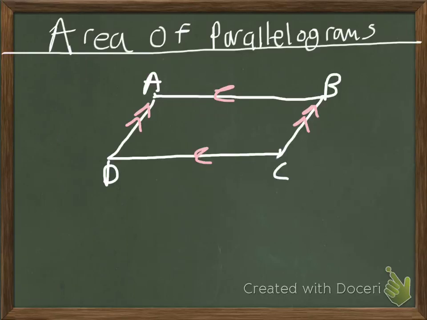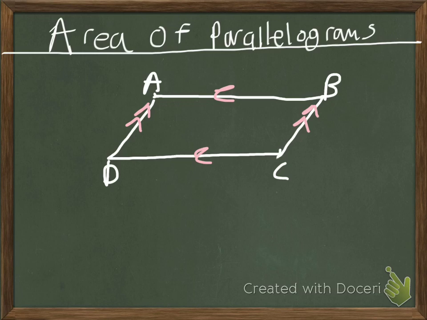All right, the area of a parallelogram. So if you watched the last video, we talked about area in general terms, though the example we did use was a rectangle, a type of parallelogram. And what we said in that video was that we talked about finding the area of a figure by sectioning it off.